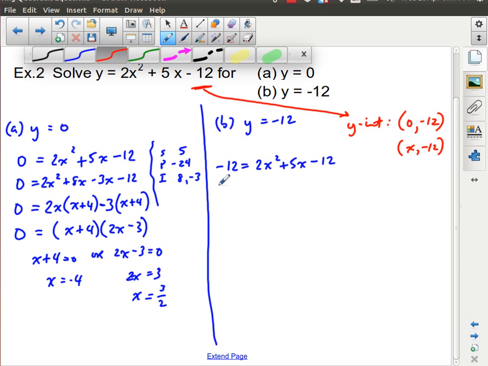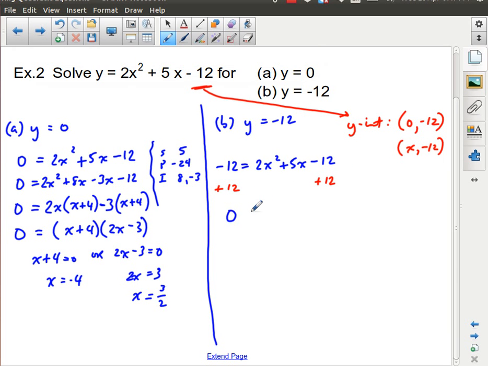So I'm going to add 12 to this side, and I want to turn this into 0, which means I have to add 12 over here. So I end up with 0 on the left side. So long as one of the sides is 0, you're fine. And on the right side, I end up with 2x squared plus 5x. The negative 12 plus 12 also became 0.